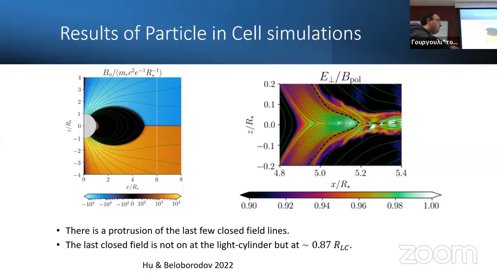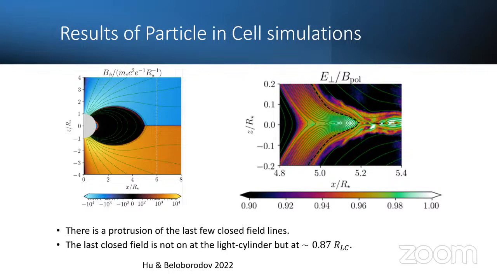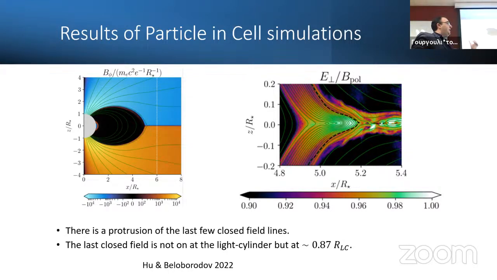The second thing they observed, these green lines are the poloidal magnetic field lines, is that they are much denser over here, just before the last closed field lines, and much broader there. So essentially, the last few closed field lines will have a very strong Bz magnetic field compared to the Bz magnetic field that you have over here.